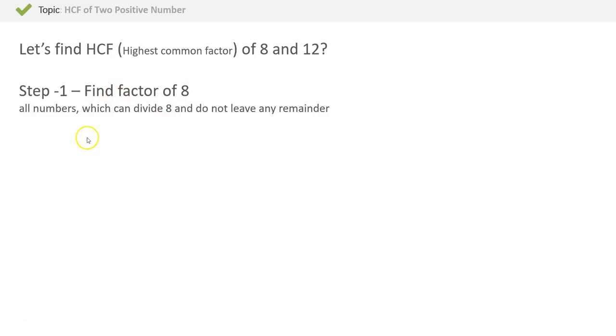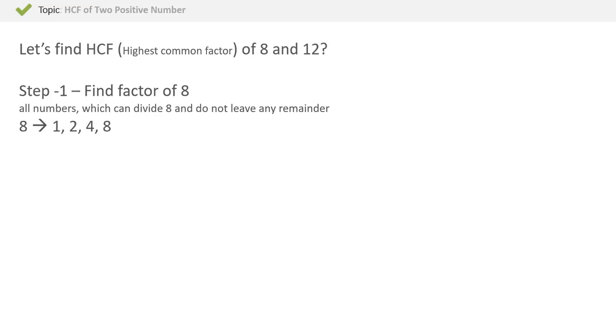In order to find factors of 8, you need to find all numbers which can divide 8 and do not leave any remainder. If you try, you will see 1 can divide 8, 2 can divide 8, 4 can divide 8, and 8 itself can divide 8, leaving no remainder. So these are 4 factors for number 8.